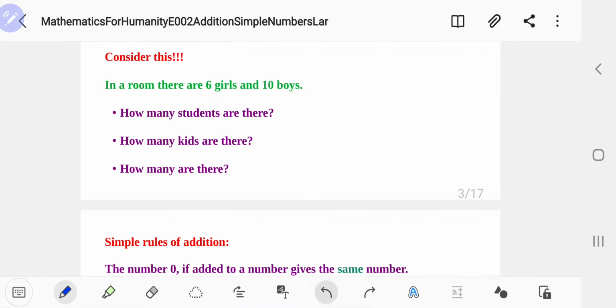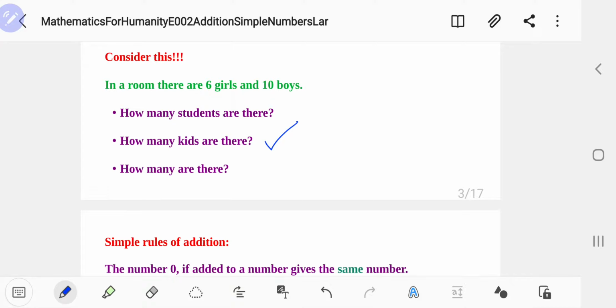Why is that? That is not correct because you don't even know if the boys and the girls there are students. They could be like 2 years old, or 3 years old, or 4 years old. So that's not the correct question there. How about how many kids are there? This could be the correct specific question. Because why? Girls and boys are kids.